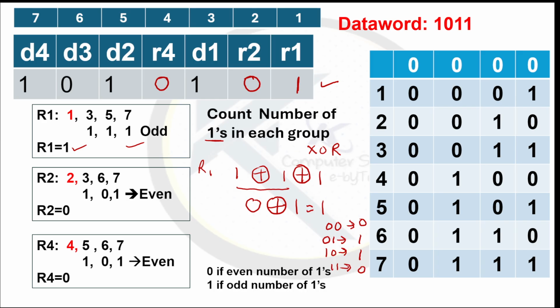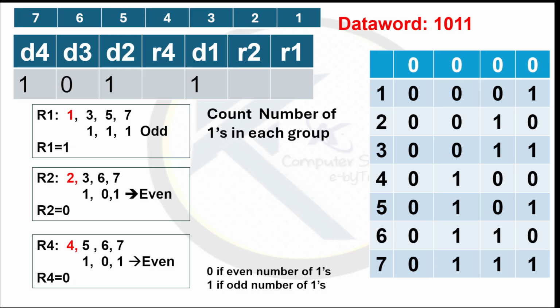But let's see one of the cases, either R2 or R4. So let me just clear this out. For R4, it can be like this. 1 XOR 0 XOR 1. So 1 XOR 0 is 1, and 1 XOR 1 will be 0.